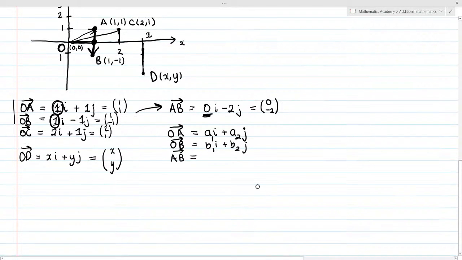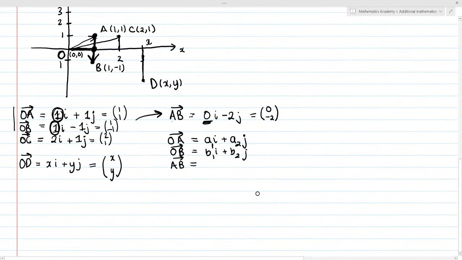Okay, now let's look at the vertical part. Well, the vertical part isn't as simple because we don't have the same value. And so the question is, do we do 1 minus minus 1, or do we do minus 1 minus 1, right? Well, what we see is that when we look at the vector AB, it's 0i minus 2j.